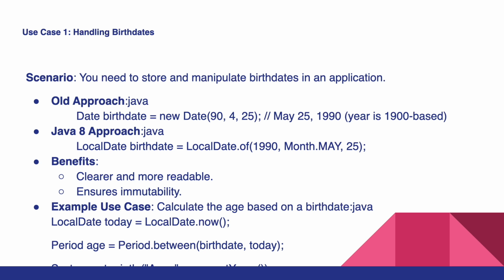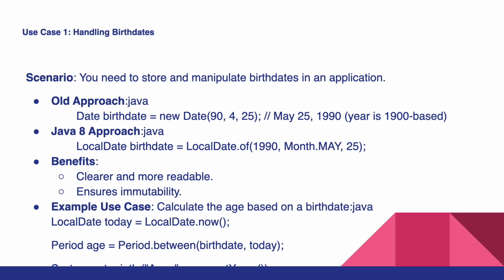Consider a common use case: managing birth dates within an application. The legacy approach using Date might look like this. This method is not only confusing due to the zero-based year but also mutable.